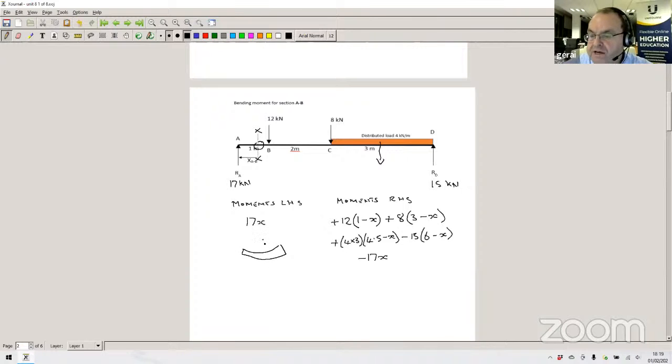And this is our point X here. Didn't draw that very well. We've got a moment to the right-hand side of 17x. And we've also got a moment on the left-hand side, which is minus 17x.